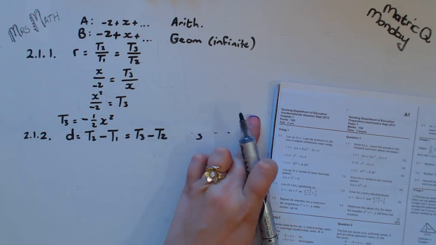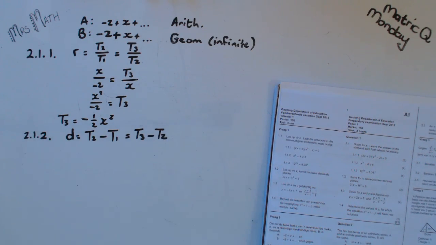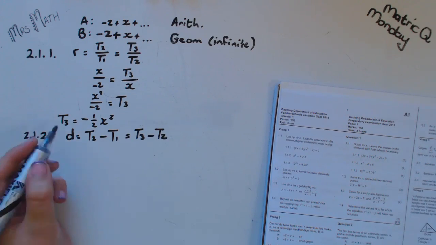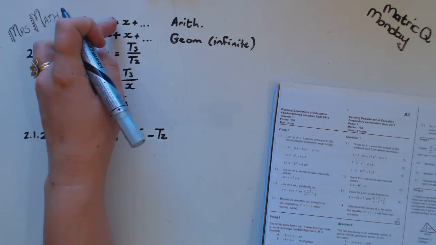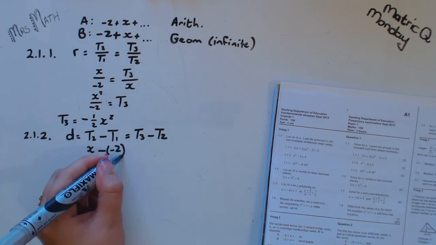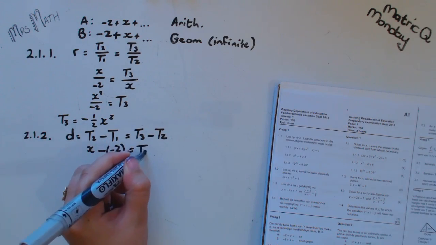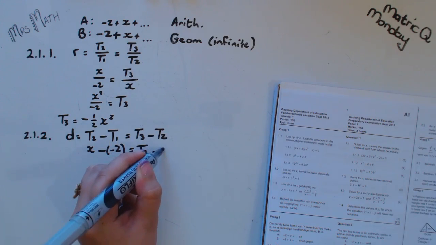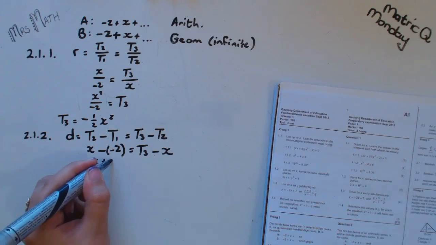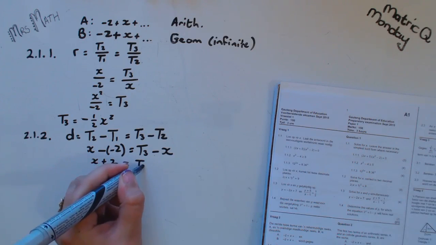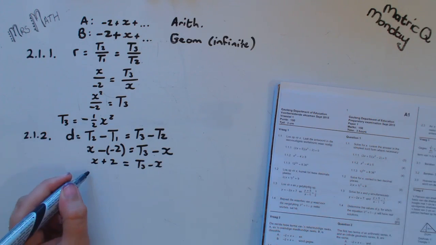Right, so you also have two options here. I'm going to do this. I've got the second term, x, minus the first term, minus 2. The third term I want to work out minus the second term, x. So this is x plus 2 is equal to term 3 minus x. I'm going to take the x over.